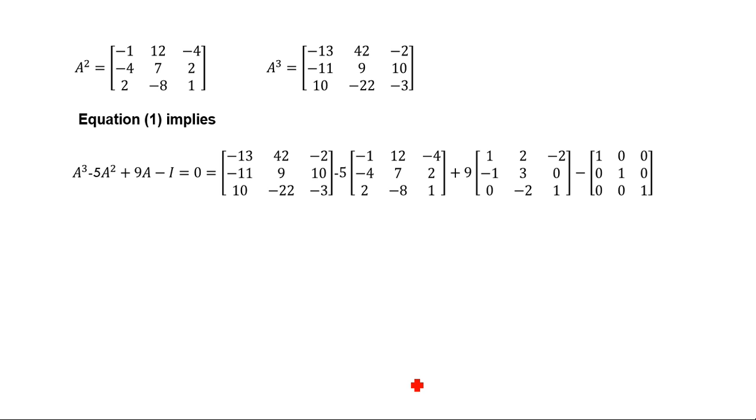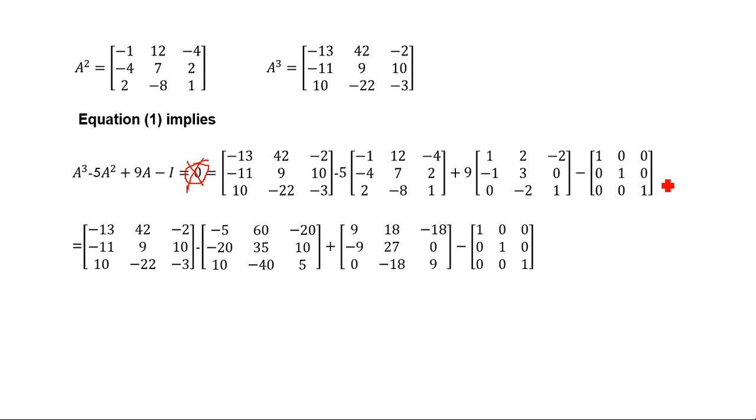Equation 1 implies, so what is equation 1? A cube minus 5A square plus 9A minus I equal to, no need to write that 0 here, equal to this value. So substituting A cube minus 5A square plus 9A minus I, you do that calculation.